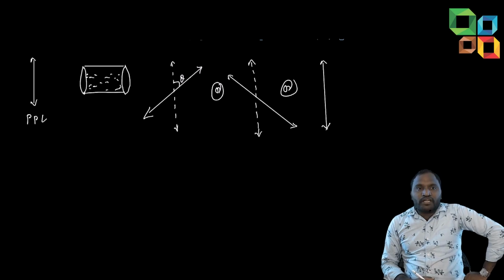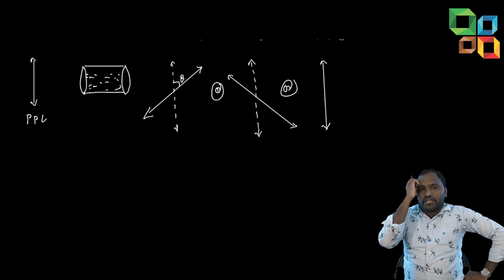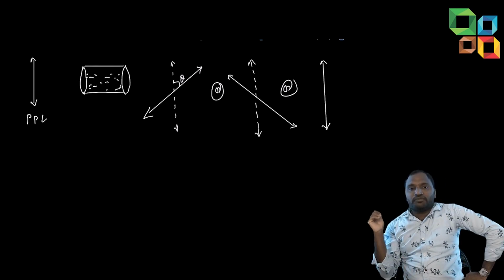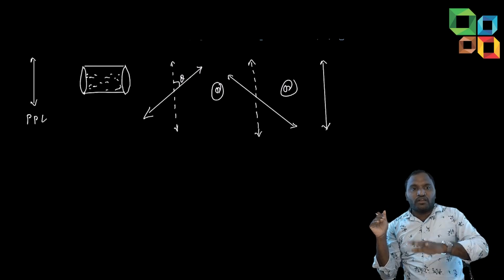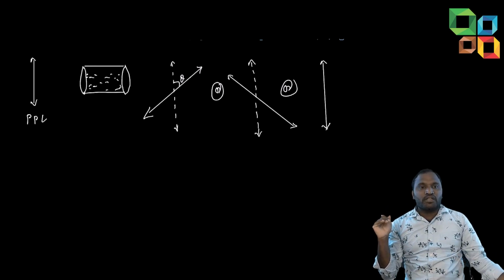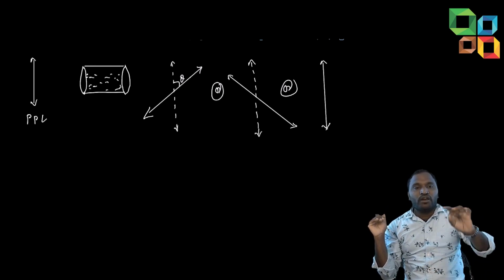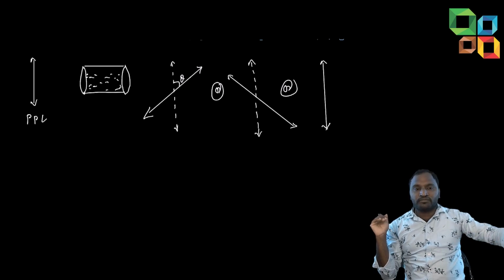Listen students, don't write until I finish my explanation. If an organic compound rotates plane polarized light, either in the clockwise or anti-clockwise direction, that compound is said to be optically active.